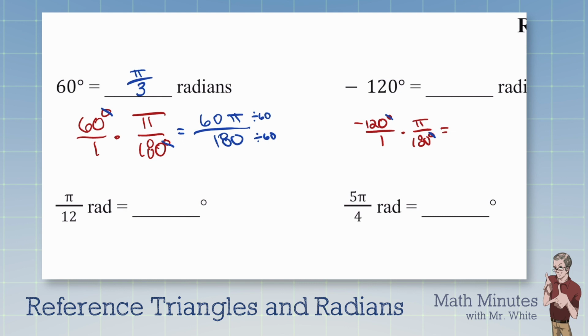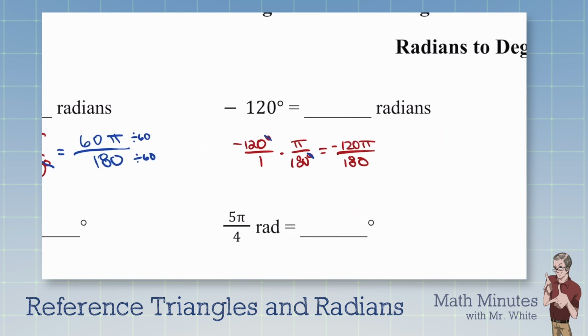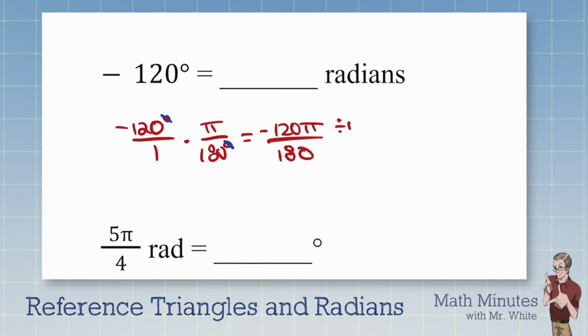So this is negative 120 pi over 180. These both divide by 60 again, just so happens, similar to the last one. So we get negative 2 pi over 3.